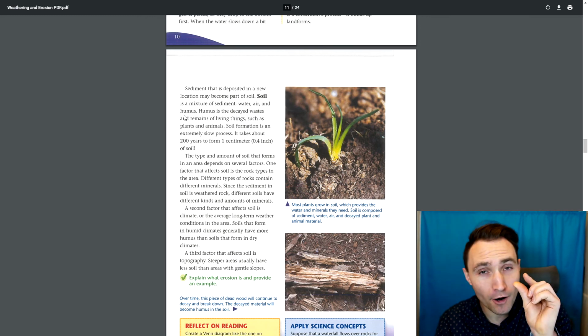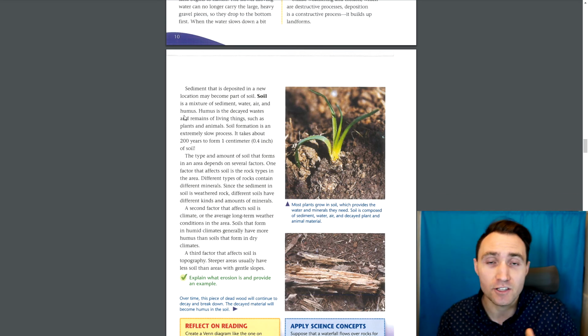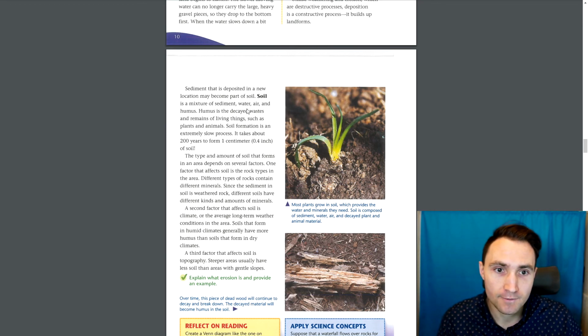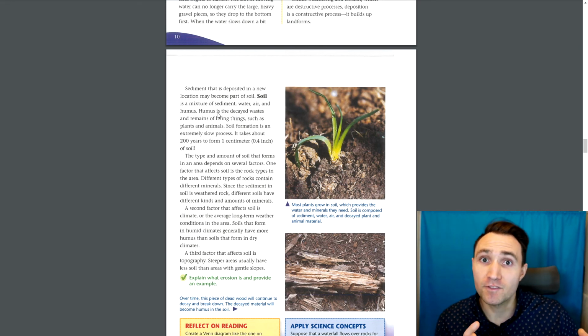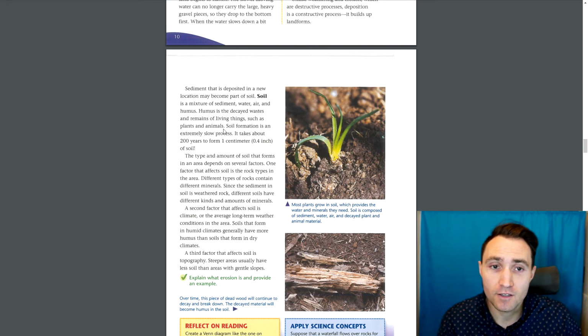It's a very small portion of soil, but it has all the nutrients. Sediment makes up about 50% of soil, and then water and air both have about 25% each. So humus is the decayed waste and remains of living things, such as plants and animals.